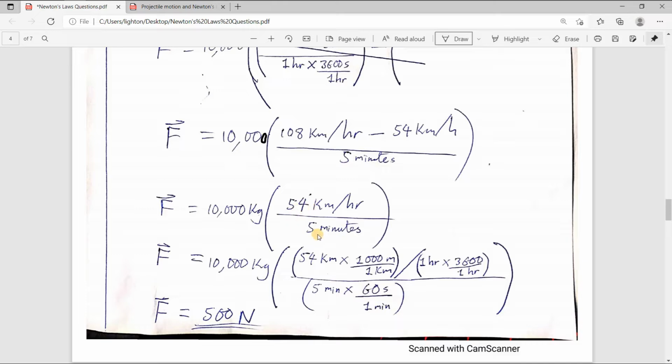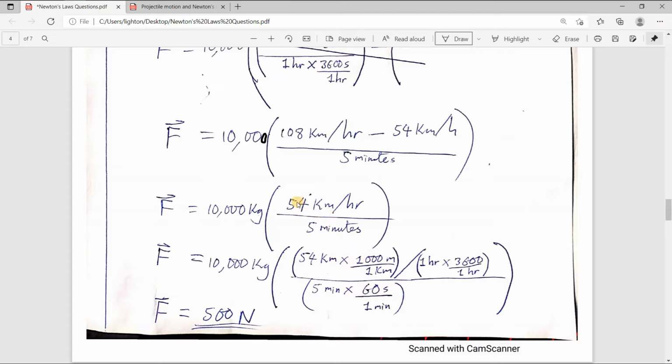Now here, to get the answer in newtons, we must convert this 54 into meters per second, and the time into seconds. So converting 54 into meters per second, the conversion is easy. Just convert the 54 kilometers separately, and then convert the 1 hour separately, as I'm doing here.